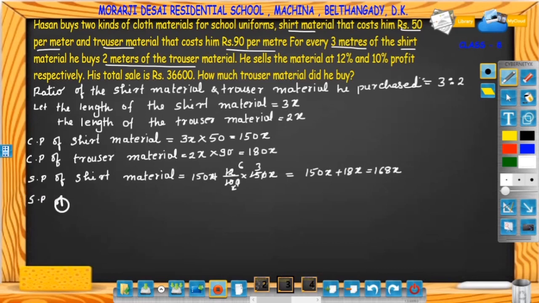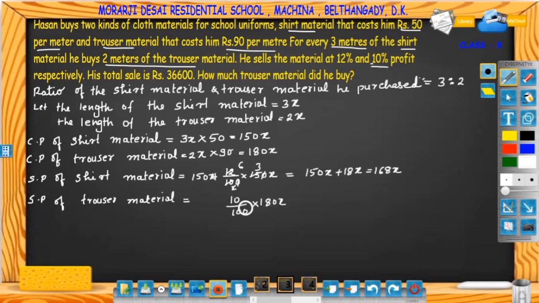Now selling price of trouser material is equal to, what is the profit for trouser material? 10%, that is 10 out of 100, that is 10 by 100 into, what is our cost price for trouser? That is 180x.